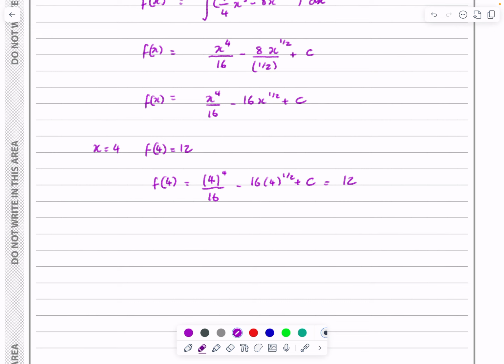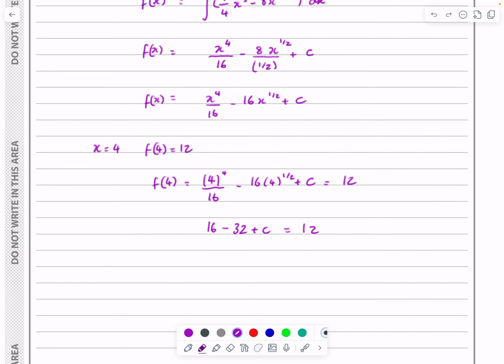And then just do it nice and slowly, so 4 to the 4, you can do this all in one go or take your time, it's up to you. I've at least done this much for my calculations, worked out that value and worked out that value, 16 and 32 there.